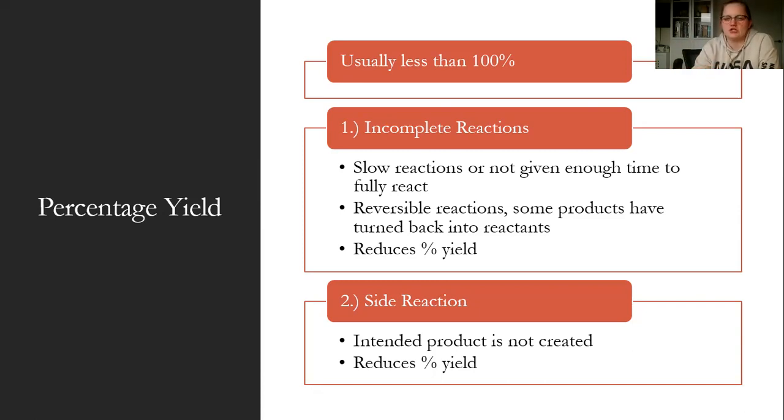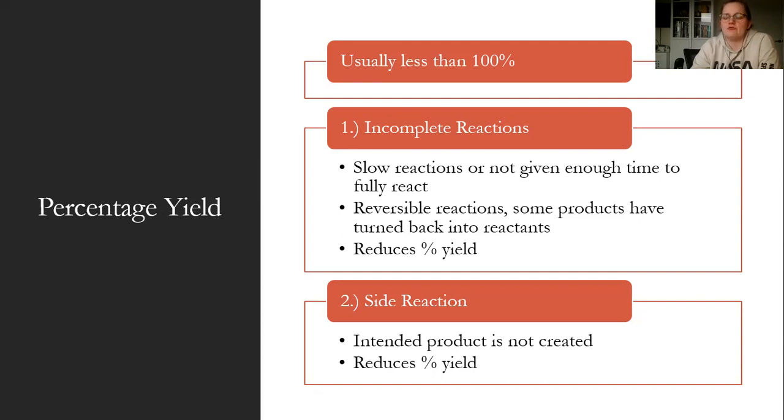Very, very slow reactions will end up as an incomplete reaction, because waiting for it to fully react can take a very long time. And for some reactions, the rate will slow as different limiting factors are used up. So incomplete reactions can be due to slow reactions or reactions that aren't given enough time to fully react.